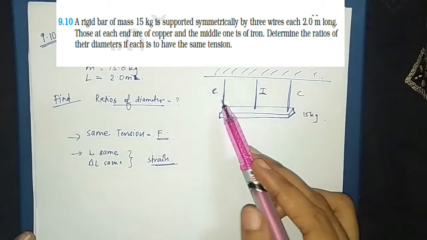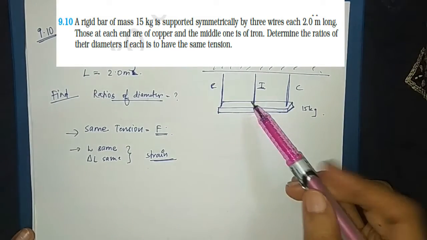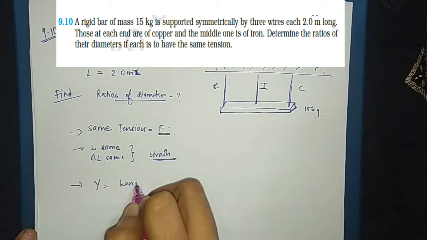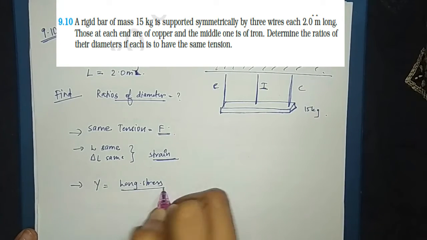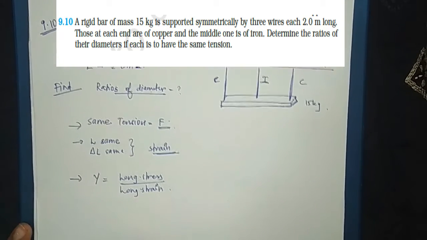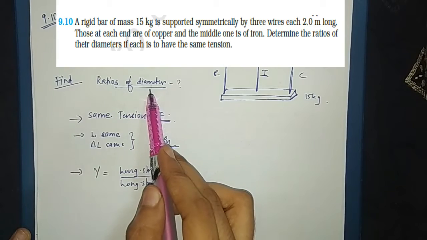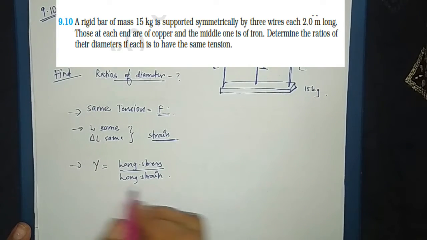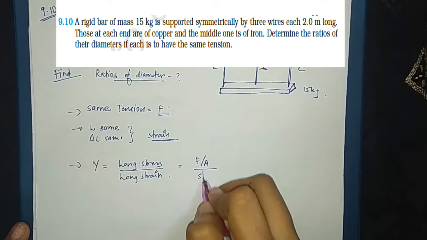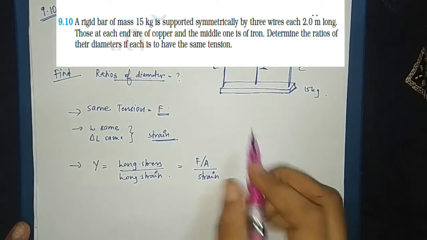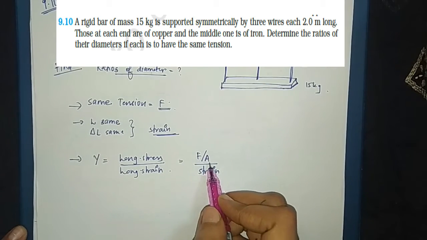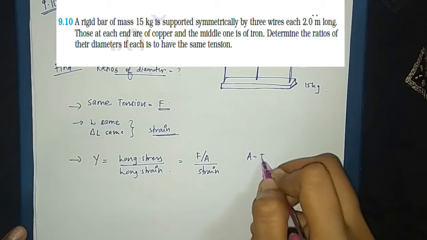Because it's related to the change in length, we'll calculate the Young's modulus. Young's modulus is nothing but longitudinal stress by longitudinal strain, right? We have to calculate the ratio of the diameters, so let's rearrange. Stress is force by area, and strain we'll write as it is because the strain on each wire is the same. Now for area, it is the cross sectional area, which is pi r square.